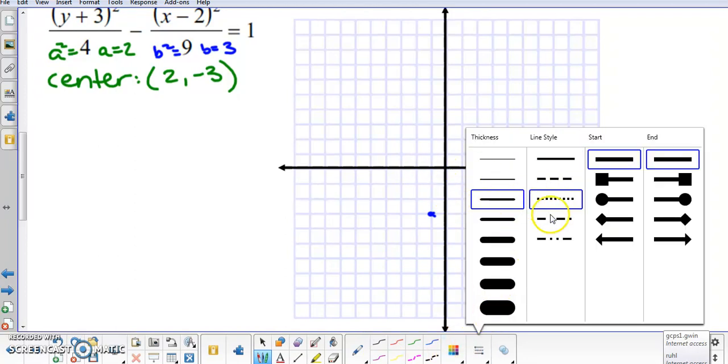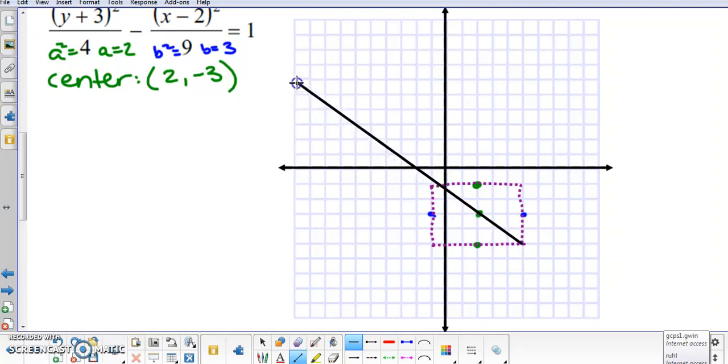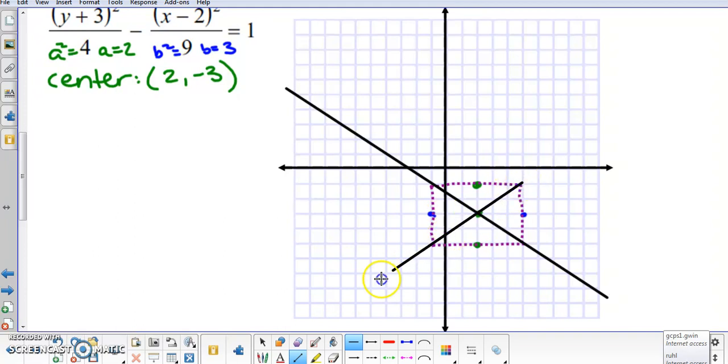Create my little box. Okay. And now I can go ahead and create the little straight line that's going to go from corner to corner and straight through my center. And these are going to be my asymptotes.